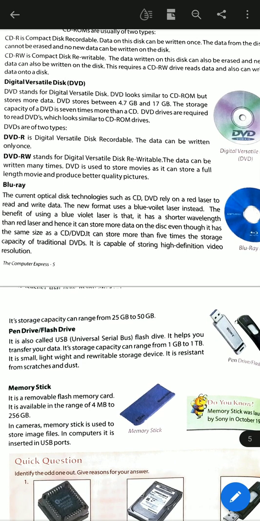Blu-ray. The current optical technologies such as CD and DVD rely on a red laser to read and write data. So students, CD and DVD use a red laser to read and write data, while the new format uses a blue-violet laser instead. Blu-ray uses a blue-violet laser to read and write data.